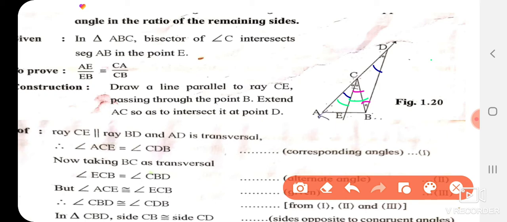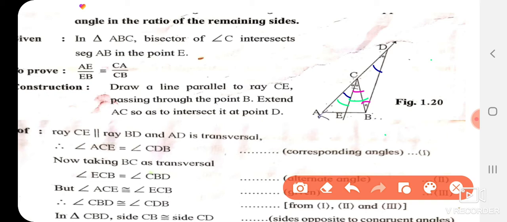Now if you look carefully, you have ACE and ECB marked with blue and pink, and again they are marked with green. With this you can come to know that the angles marked with blue and pink are congruent to each other. In that case, we can say that angle CDB is congruent to angle CBD.